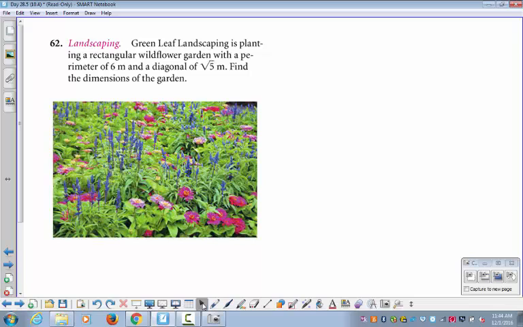Invoke Pythagoras. No doubt. What are you doing? Yeah, that would be square. That would work.